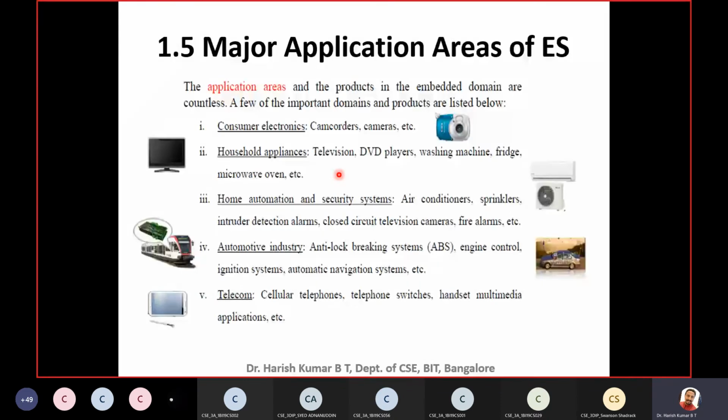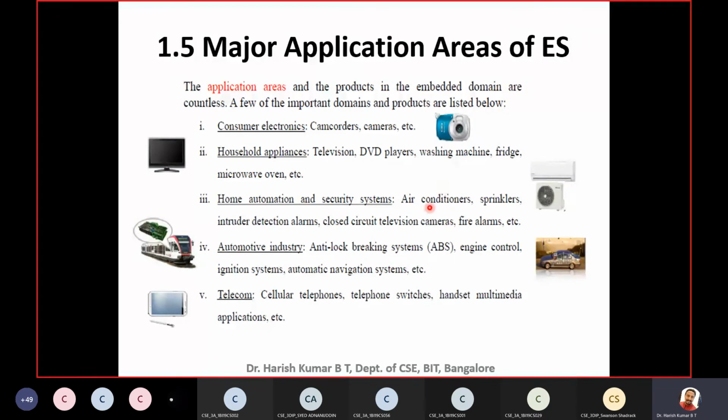Okay. Next, the major application areas of embedded systems. So where are these embedded systems used? The domains where embedded systems are used are countless. Almost all domains you'll find the use of embedded systems.